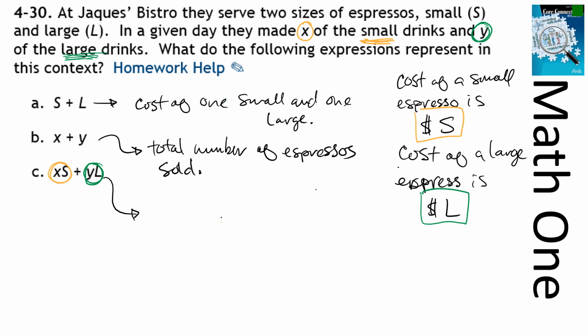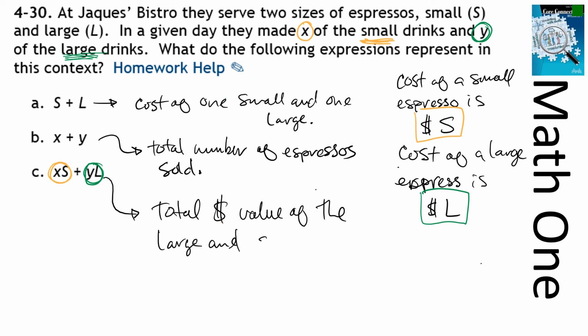So this is the total dollar value of the large and small espressos sold. So that's the money, the value. So we've got the number of them, the value, and then we have the cost of one of each.